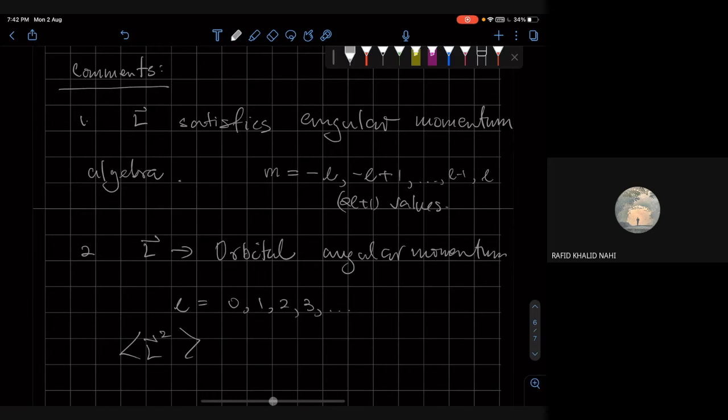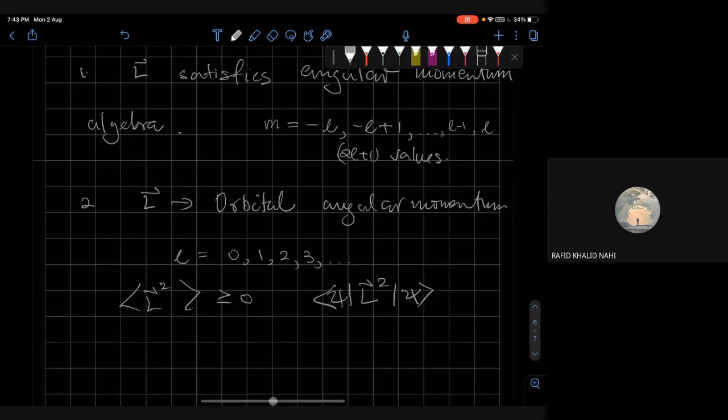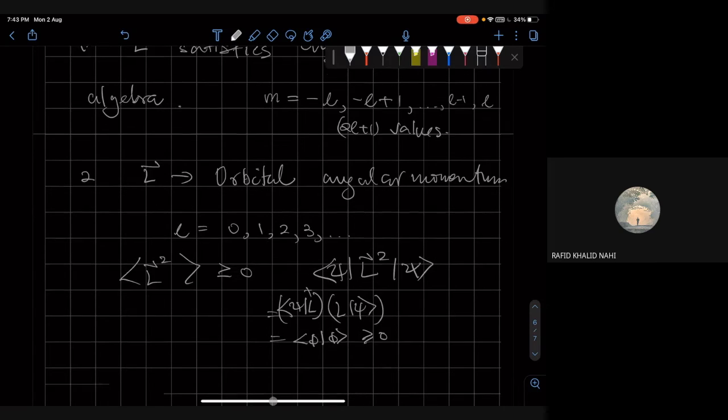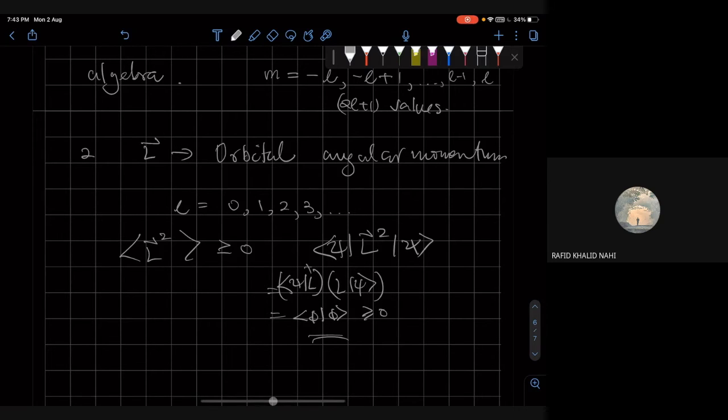Because it's a squared operator, it's Hermitian. So for any state psi, if you sandwich L squared between psi, you can write it as L acting on psi, which is some state, and then here you have psi L dagger. So the eigenvalues will be positive definite.